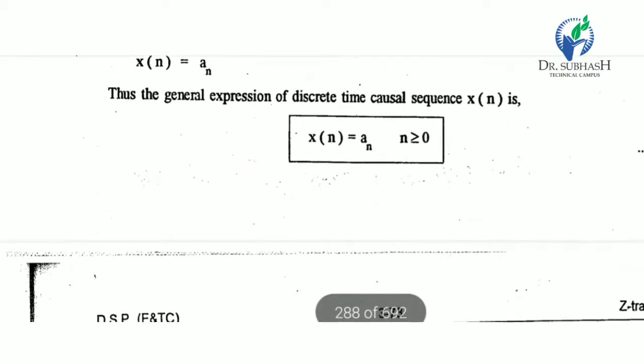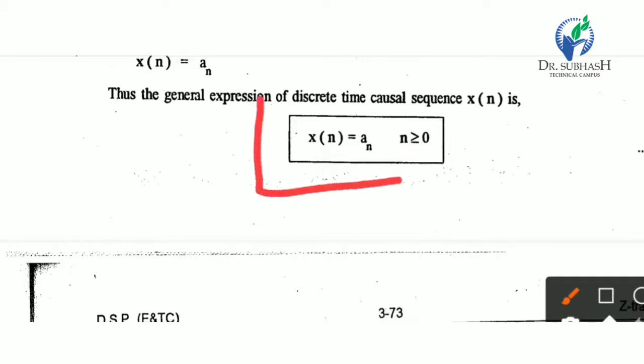So this is the general expression of a discrete time causal sequence x(n). So x(n) equals a(n) for n greater than or equal to 0.